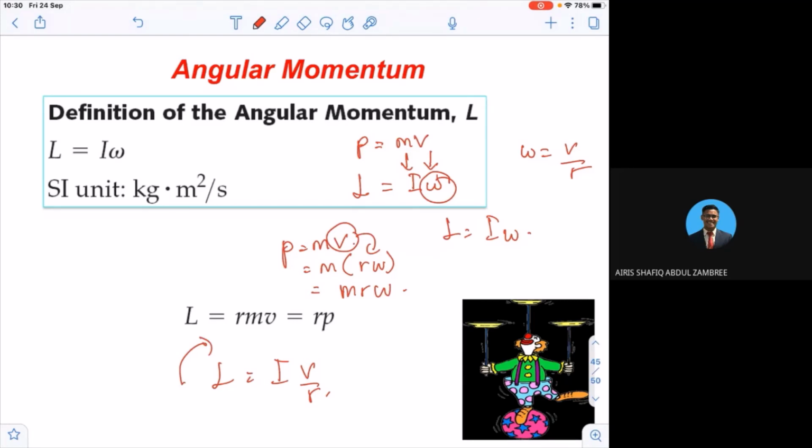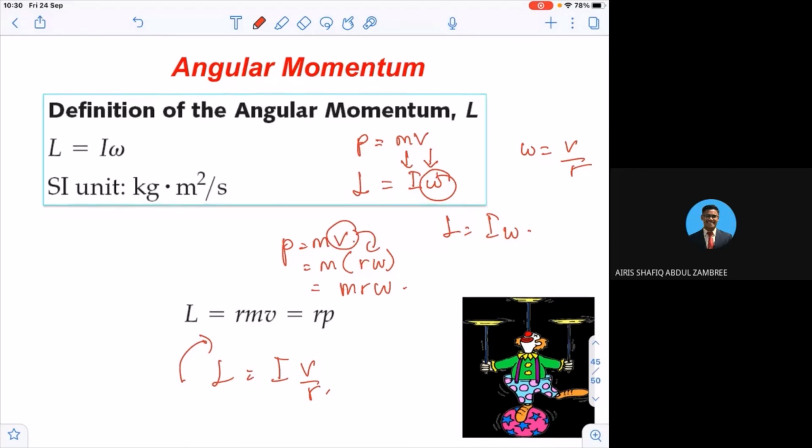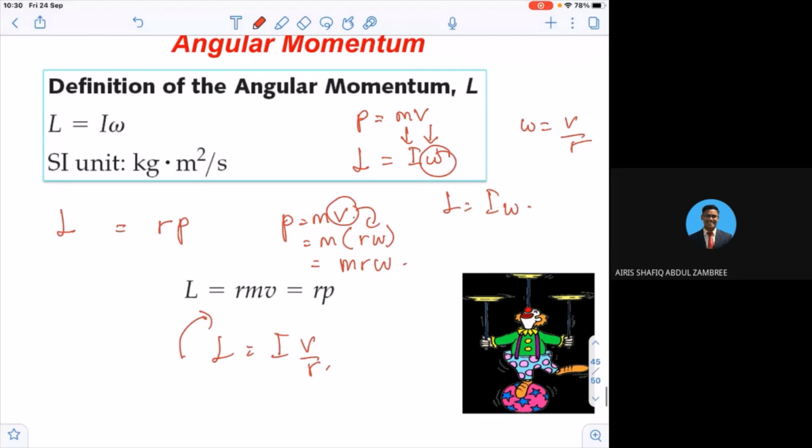So if you want to see the connection between angular momentum L and P, you need to multiply P with r in order to get L. So these are the connections between angular momentum and linear momentum.